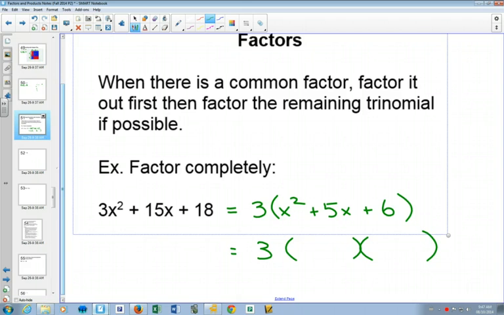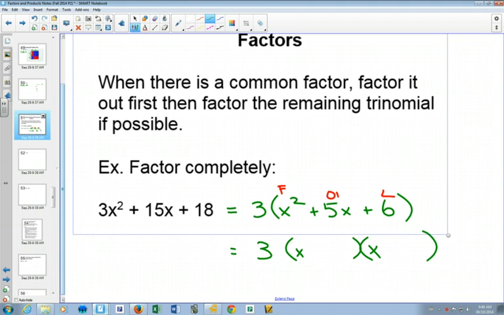I'll set up my brackets as if it was something that could be foiled, and based on the fact that this was our first one, this is our last one, and the outside and inside would be a 5x, is it possible? Well, the first one would have to be x and x. Now the last one's 6, and both 2 and 3 make 6, and 6 and 1 make 6.